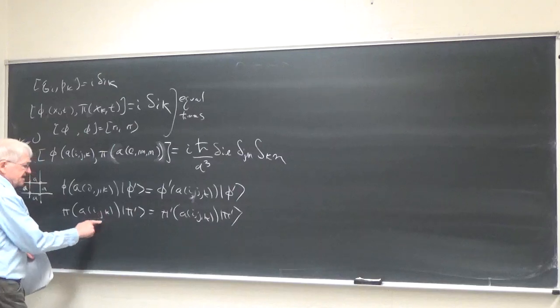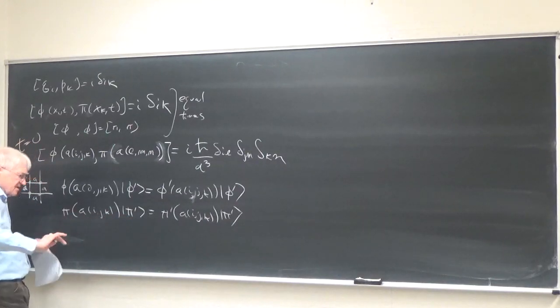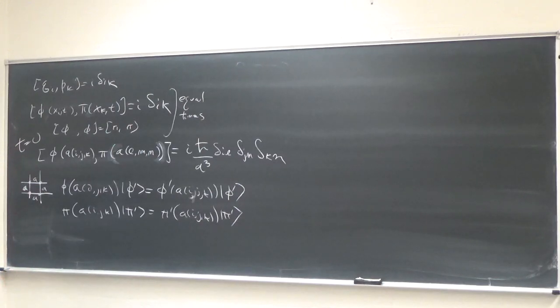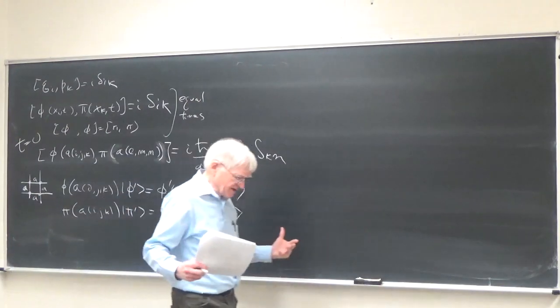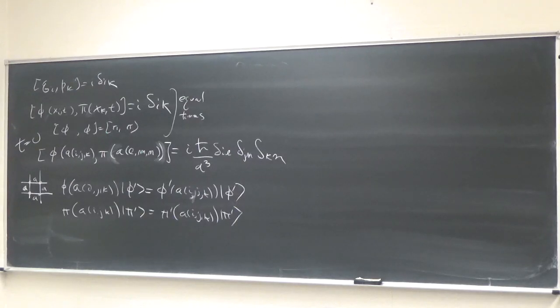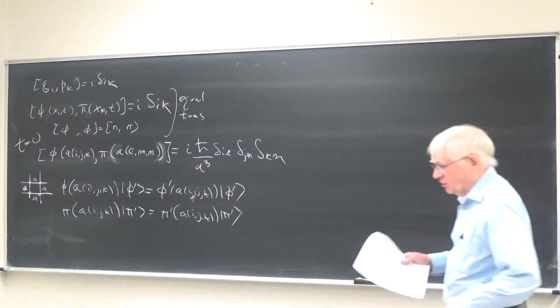So these are simultaneous eigenstates of pi at a given time at all points on the spatial lattice. And that's because the field commutes with itself at equal times, and the momenta at equal times, but different space points, all commute with each other.